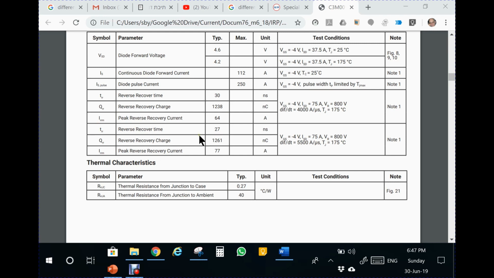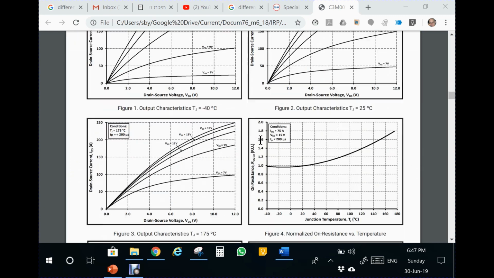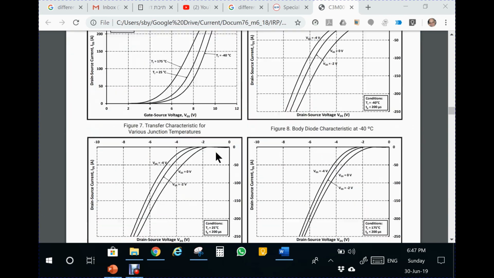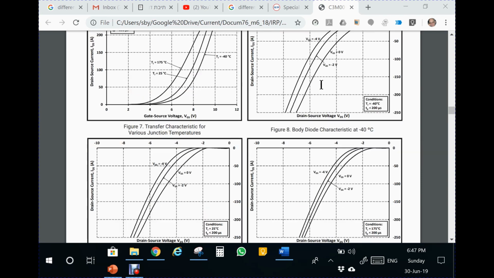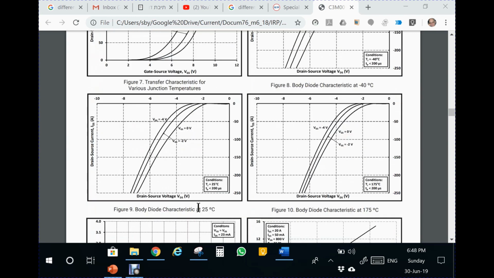Now, as far as the internal diode, there is of course information about it. Body diode, here it is. Here's the body diode characteristic at 25 degrees. This is the current and voltage of the body diode, shown in the reverse direction.